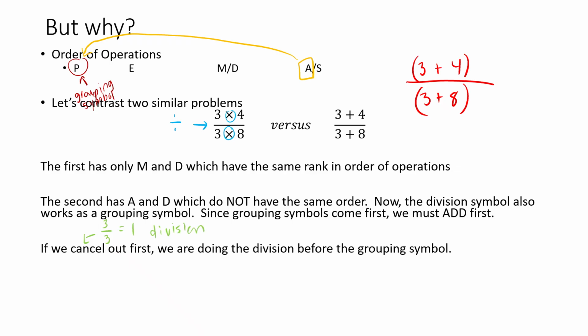So if you look at that first one and the second one, and you cancel, what you've done right there is you have said, I'm going to go ahead and do division first. I'm going to do 3 divided by 3. 3 divided by 3 is 1. And I'm going to cancel that out before I have done the adding part, which needed to come first because of the grouping symbol.